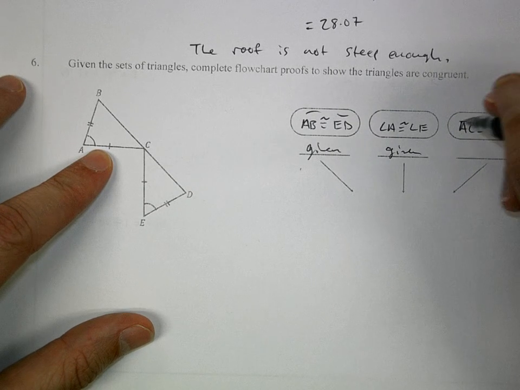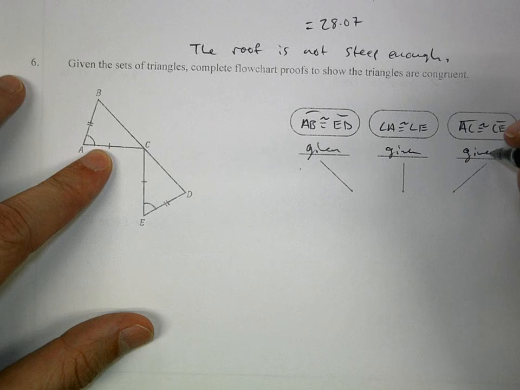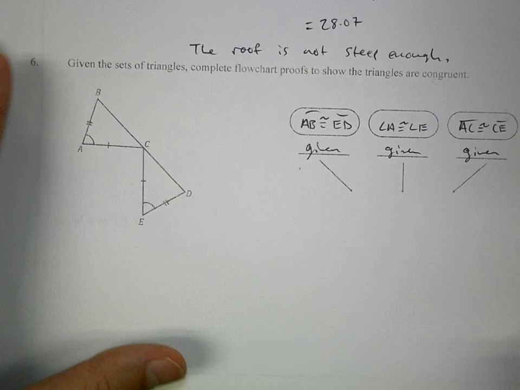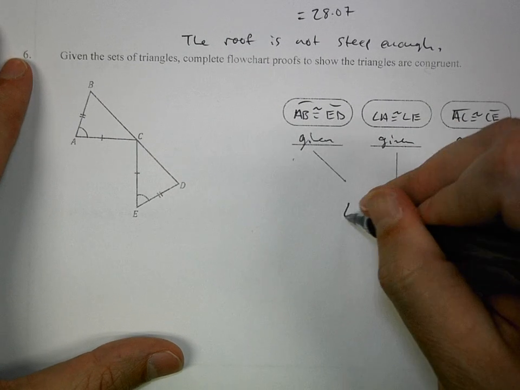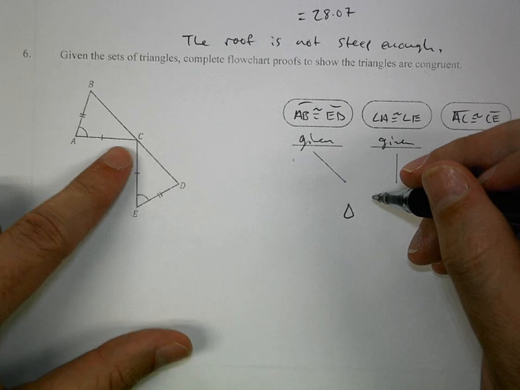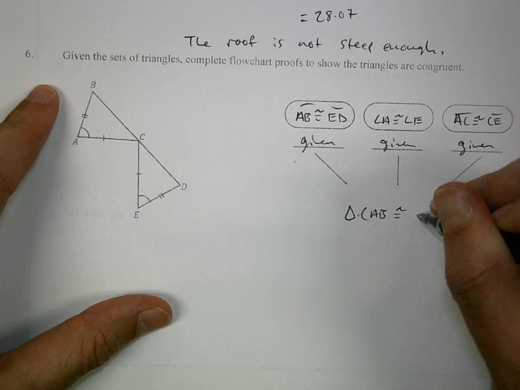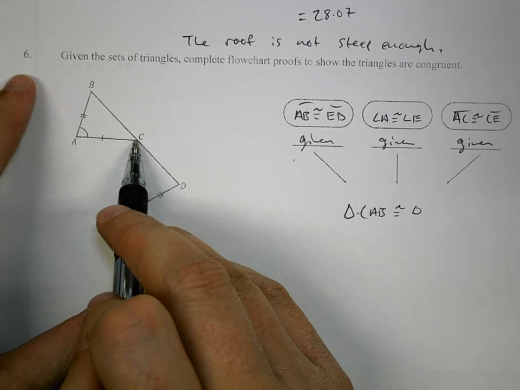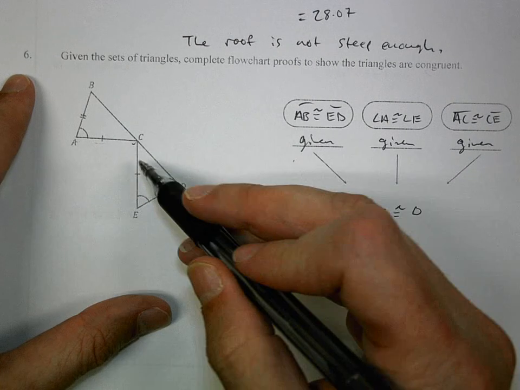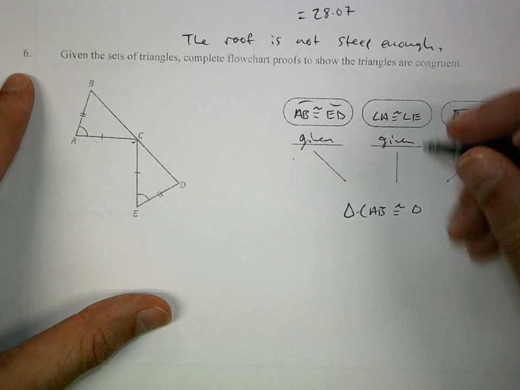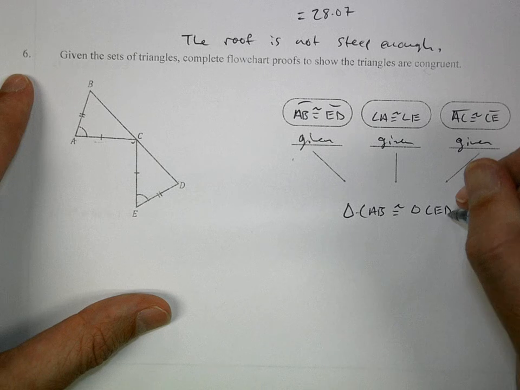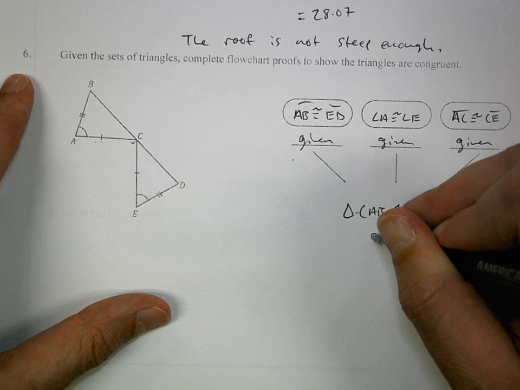That's also given. So this all points to triangle CAB is congruent to triangle CED, and that is by side angle side congruence.